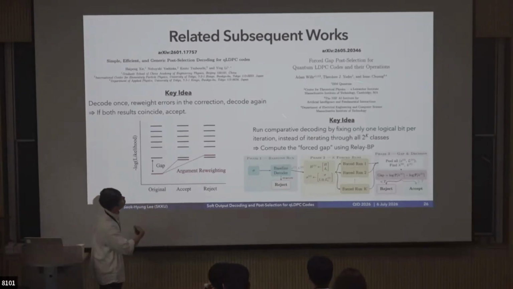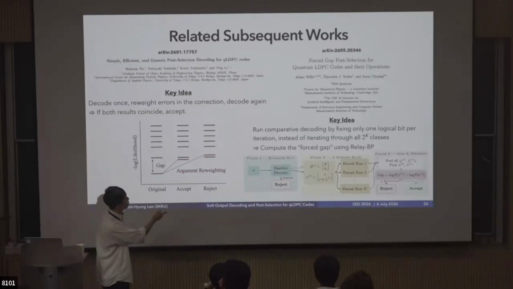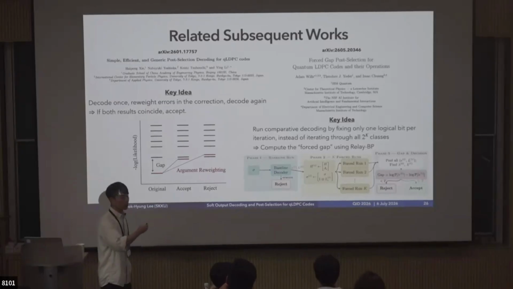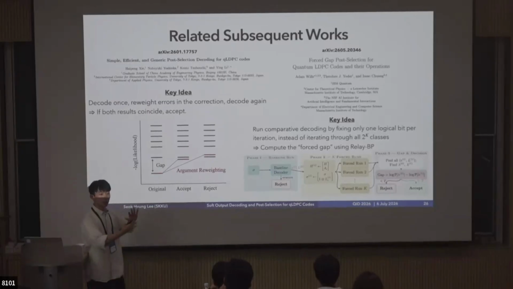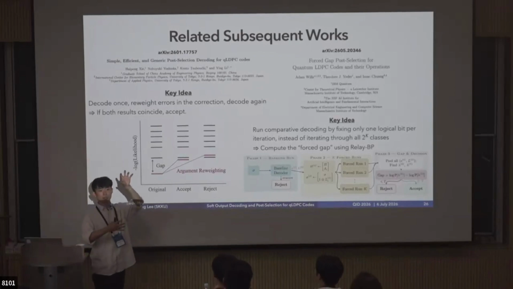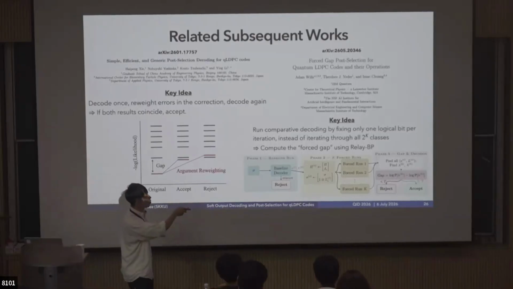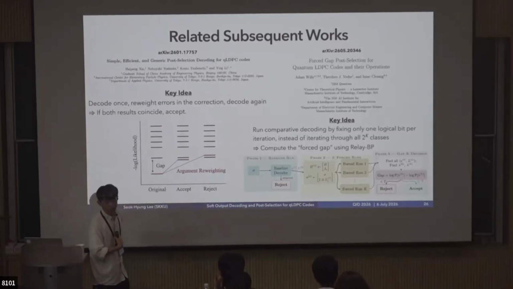And the second one was released very recently, just in May. It runs comparative decoding like I described, but instead of fixing all logical bits, as in my previous definition where we consider the augmented parity check matrix by combining the original one and the action matrix, here they fix only one logical bit per iteration.